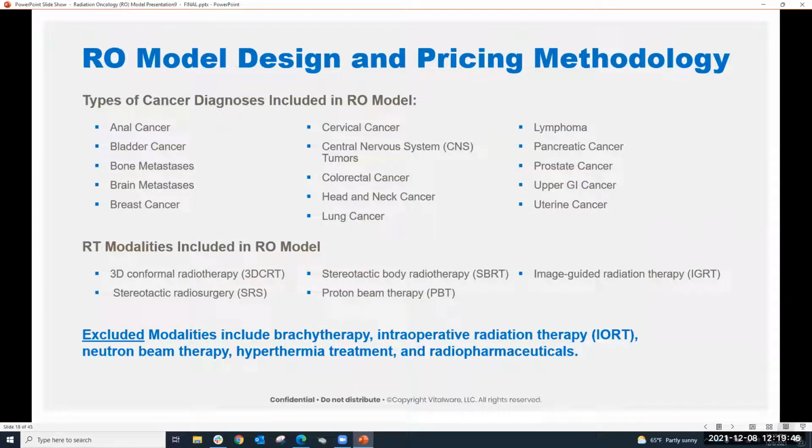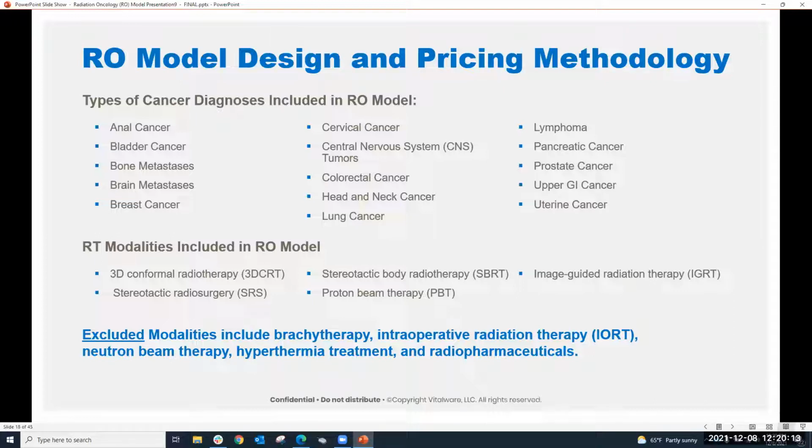Okay, so there are only certain types of cancer diagnoses that are included in the model. For your other cancer diagnosis, you would bill your regular way of billing. So at the top, you'll see the different cancer diagnoses that are included. Liver cancer was actually on this list until recently. They removed it due to the evolving evidence around the use of radiation therapy as a treatment.